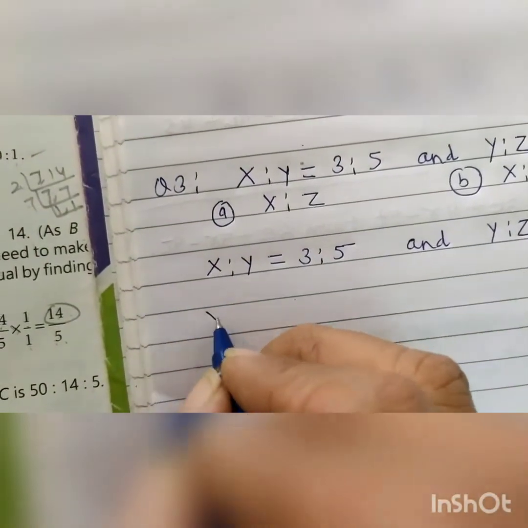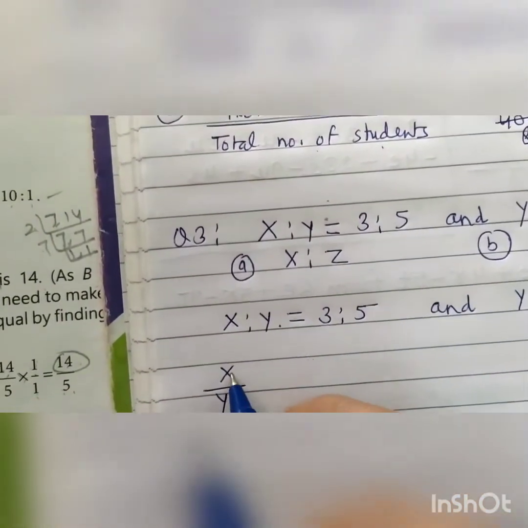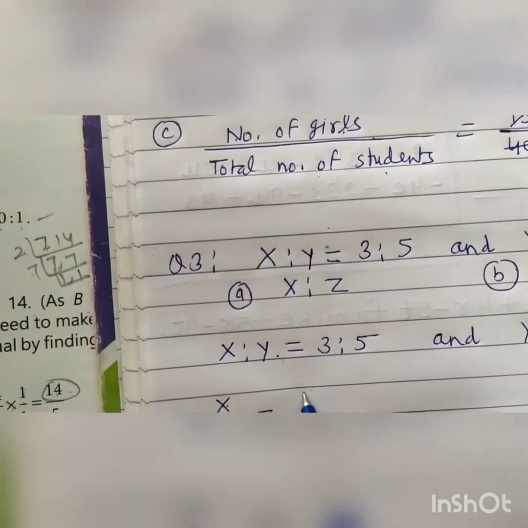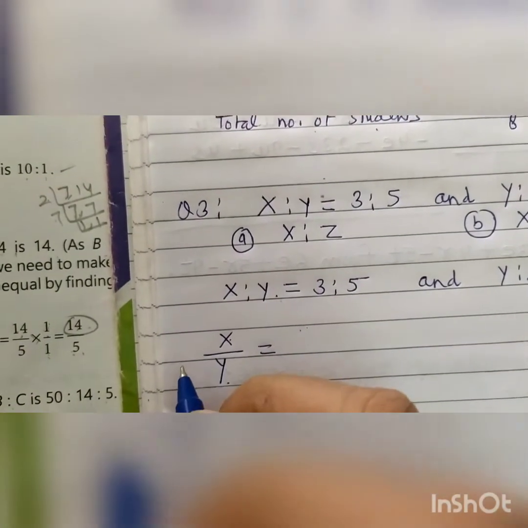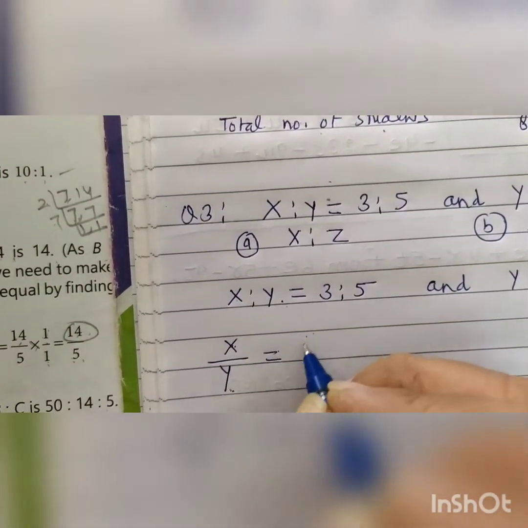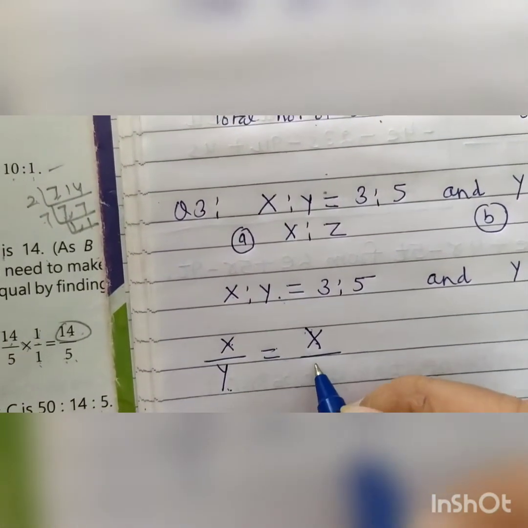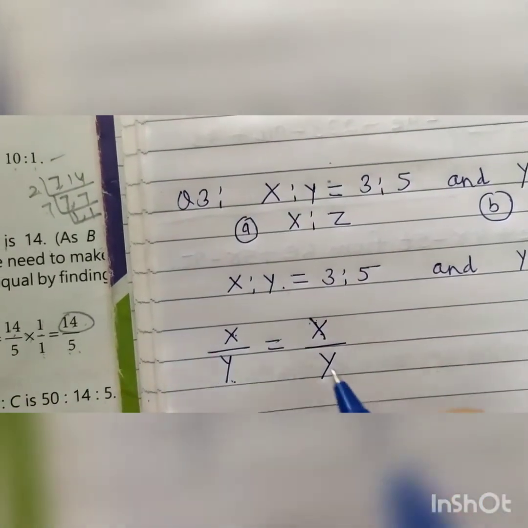So this x ratio y can be written as x upon y is equal to. Now we will multiply this x upon y by the third term.